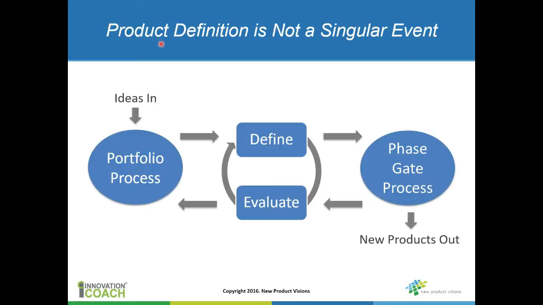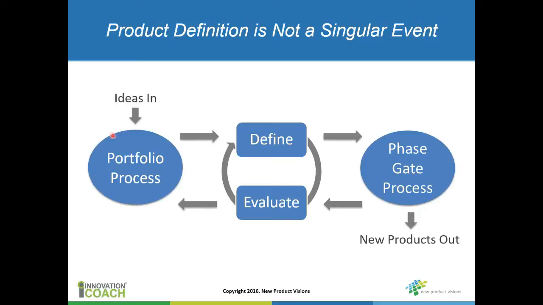Again, in my view, developing this product definition is not necessarily a singular event. You're going to define a product, you're going to sit down with folks, you're going to evaluate that definition, you're going to be meeting with all the stakeholders, you're going to go around the loop multiple times. It might take multiple iterations of this document to get to an agreed upon definition of what you're going to develop.